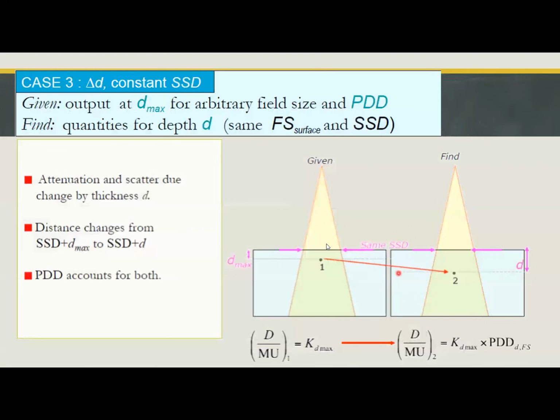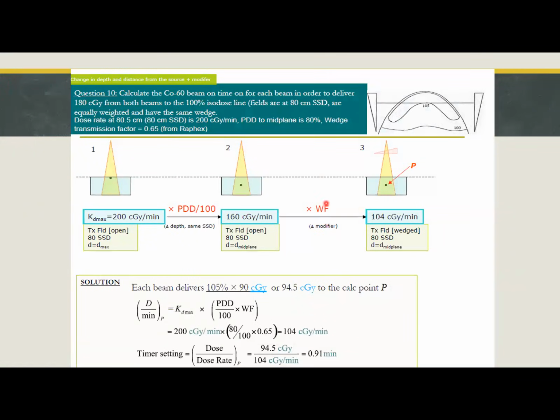The output factor will be changed. In this case, a similar example, but the wedge factor is also incorporated in the dose output factor. And then later, the time was calculated because this question related to a cobalt-60 machine.